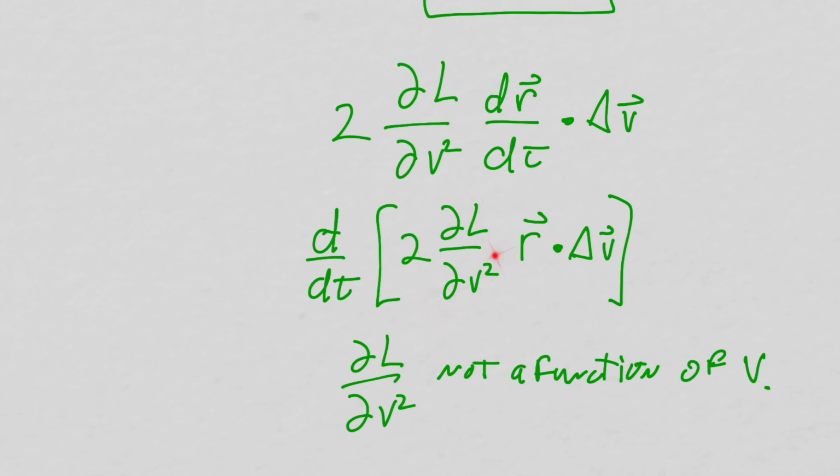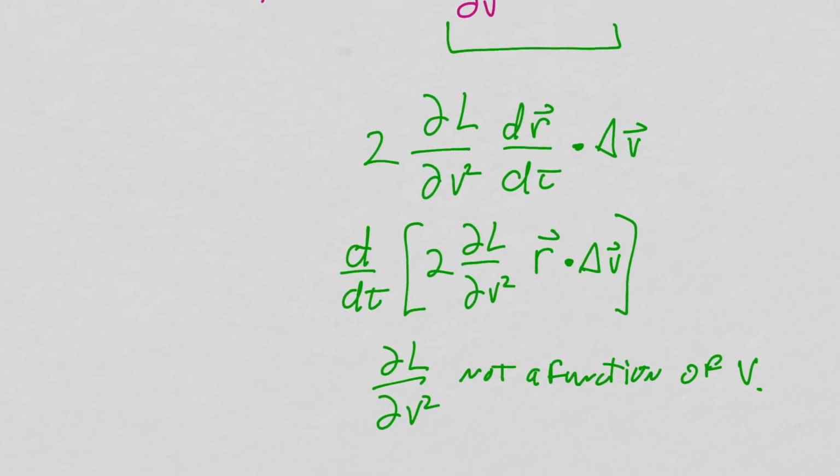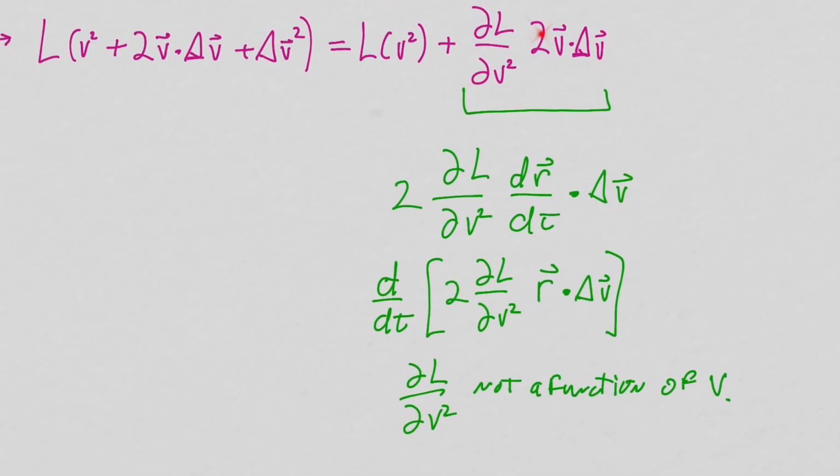The partial derivative of the Lagrangian with respect to v squared, multiplied by r dot delta v, and then add to it this derivative of the Lagrangian times dr/dt delta v. Remember, delta v is a constant, so I don't have a third piece of my product rule. And the second part of that product rule is, in fact, what we have, right? Because that v is dr/dt.